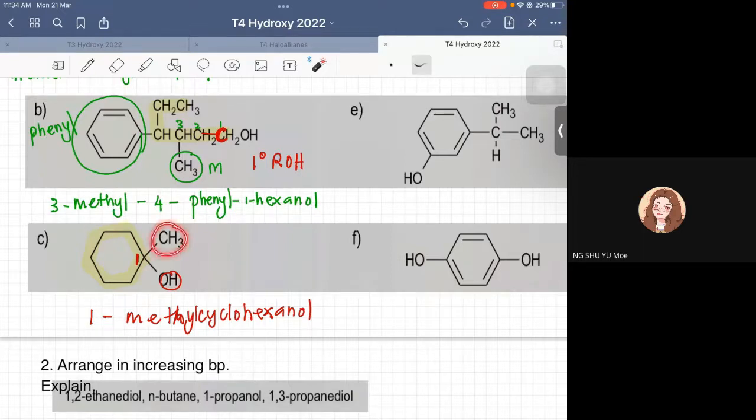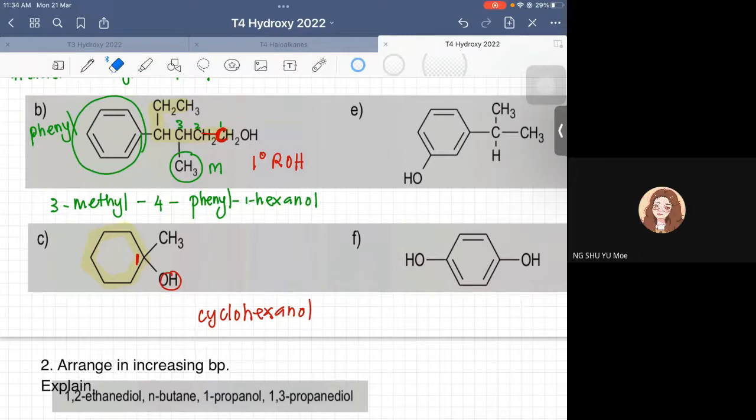Kenapa kita kena numbering methyl at carbon number 1? Sebab methyl kalau tak carbon number 1, boleh letak carbon number 2, number 3, number 4, number 5, number 6. So methyl kena beritahu dia dekat mana. Okay, kalau you tak tulis methyl kan, methyl cyclohexanol. Kat mana methyl ni? Macam tak siap lagi. Tapi kalau you kata cyclohexanol, then it is automatic.